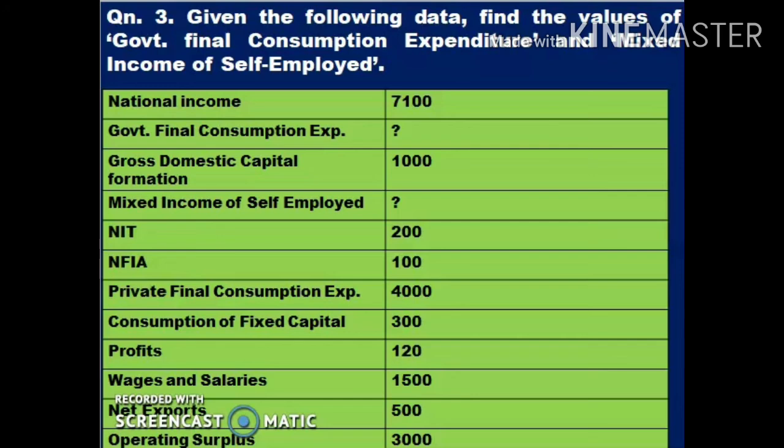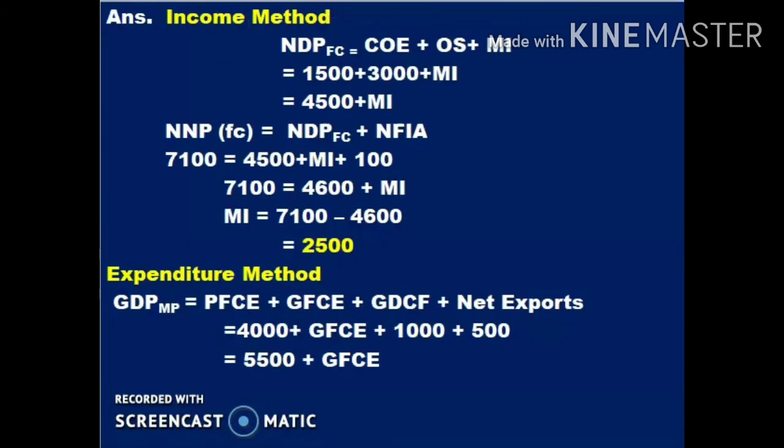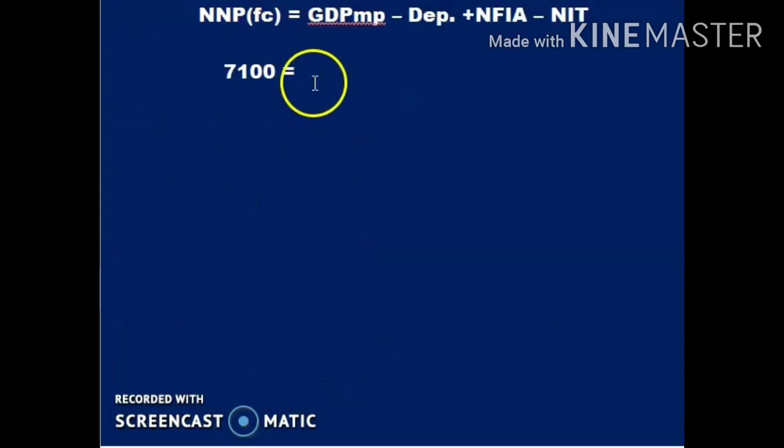In the question, national income is given as 7100. Substitute the values like we had done previously. First write NNPFC, that is the national income 7100, equal to the GDPMP. You have found the answer 5500 plus GFCE.